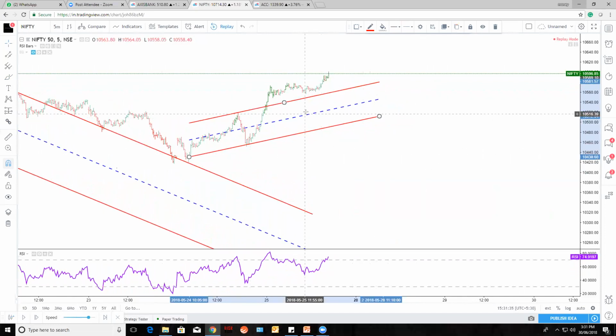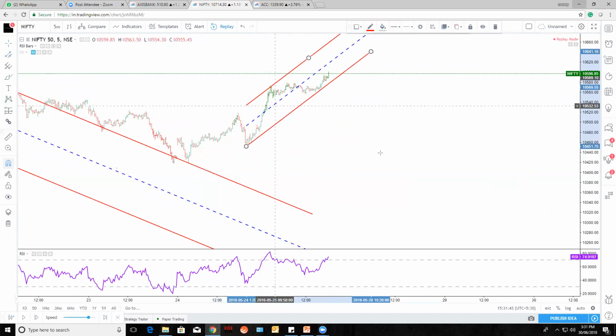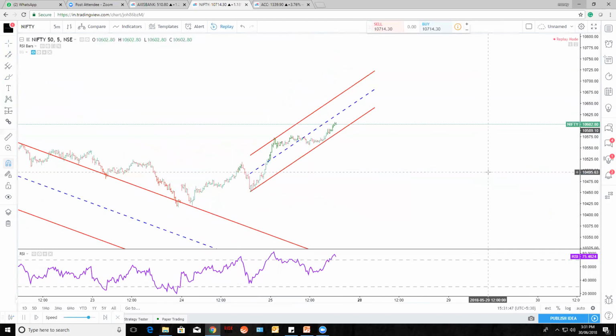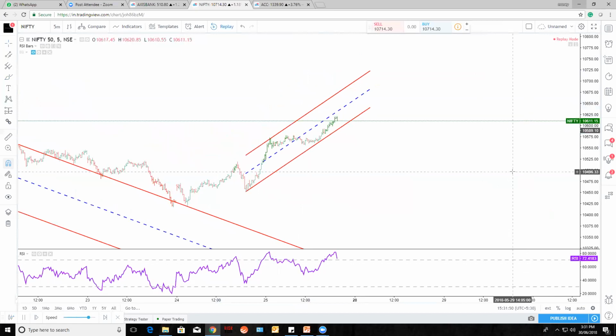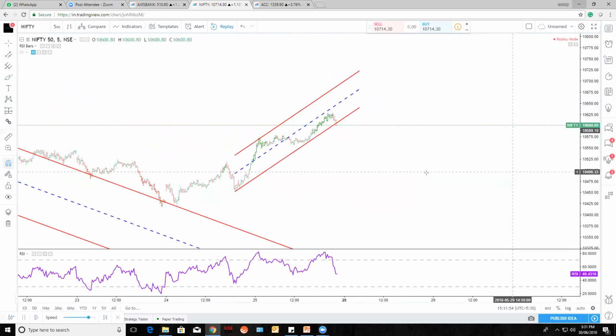See, as it crosses. So I'm just removing this channel, just drawing a fresh channel, that is 1 point and second point. Okay, this is our highest point. Let's see whether it touches the channel's high or not. It's a 5 minute candle, guys.